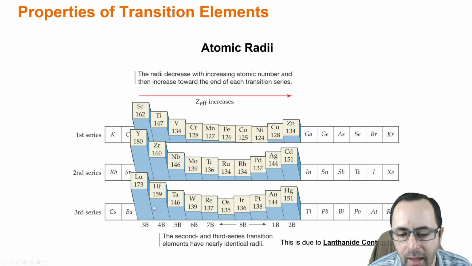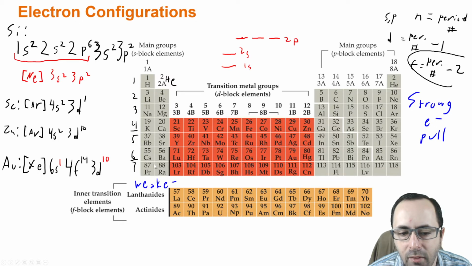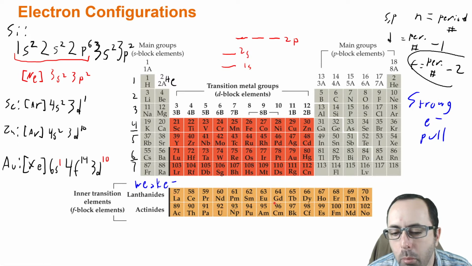If you look at the third series, just going back to the periodic table here, you're going to see that for the third series, it's different from the first and the second series. So this being the first series here, this being the second. In the third, before we fill up the d orbitals, we have a whole bunch of extra elements that add a whole bunch of additional protons and electrons before we ever start filling the d orbitals. And the result is that this element here starts with 71 for its atomic number, 71 protons.